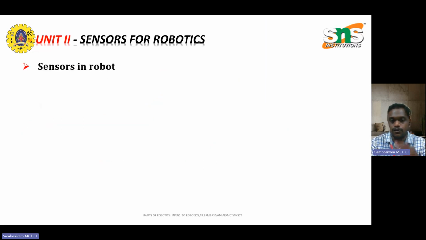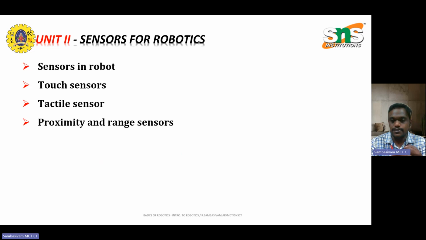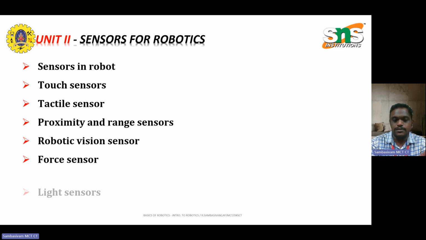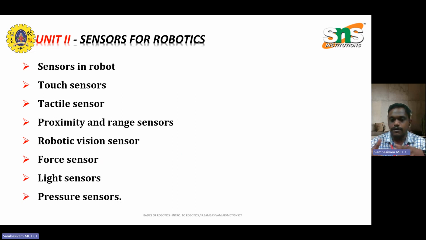Now we are going to discuss the sensors in robots, the different types of sensors: touch sensors, tactile sensors, proximity and range sensors, robotic vision sensors, force sensors, light sensors, and pressure sensors. These are the different types of sensors used in robotics.